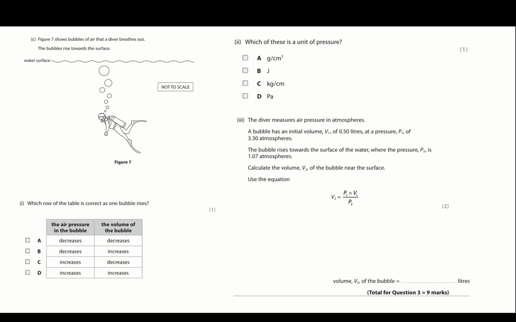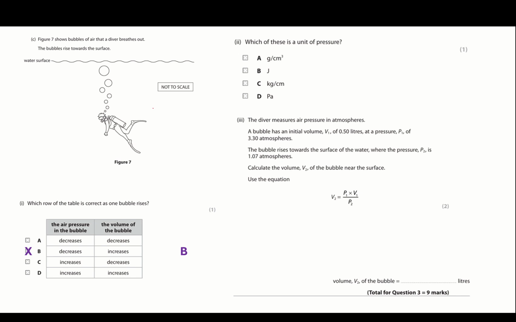The next one, we've got bubbles coming from a diver, and we can see that the bubbles get larger as they reach the surface. Which row is correct as one bubble rises? So we've got here B, the air pressure in the bubble decreases, the volume increases.